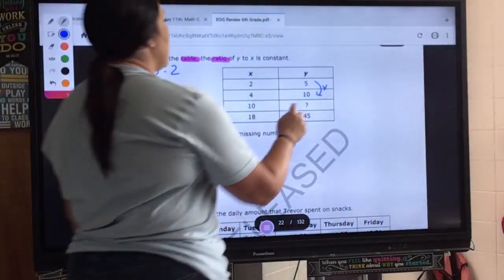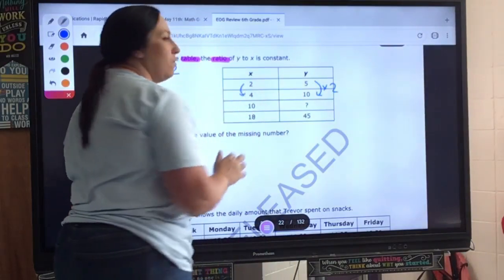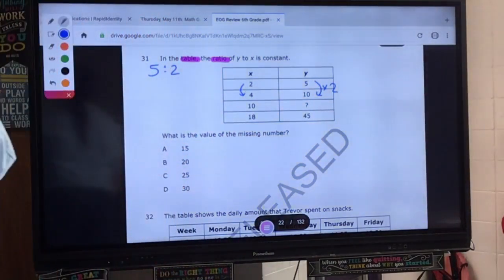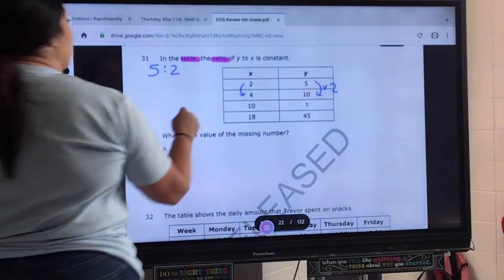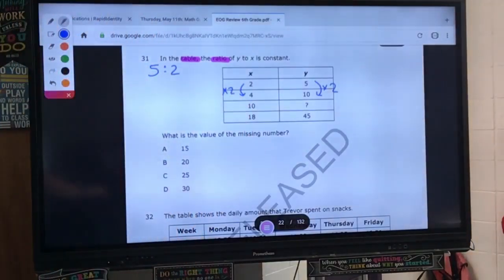So if I'm multiplying by 2 over here, what must happen over here? If I multiplied 5 times 2 to get 10, what do I have to do to 2? And it's got to work. Multiply by 2. All right, so I want you guys to answer this question. Stand up when you have your answer.